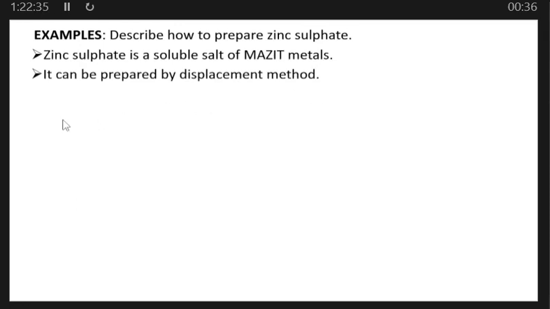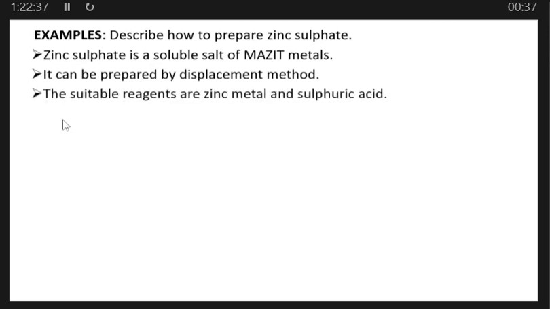Then three, now we look at the suitable reagents. We are saying the suitable reagents are zinc metal and sulfuric acid. So we have decided to just pick the zinc metal and the sulfuric acid. These are the suitable reactants or reagents. Then the procedure of how these two can be mixed in order to form the zinc sulfate.